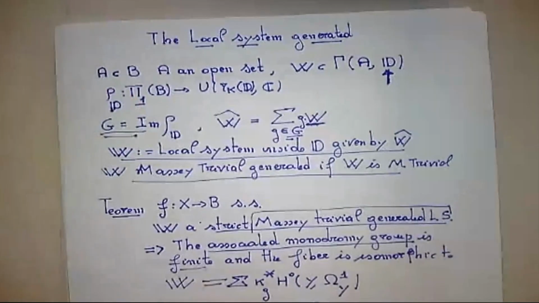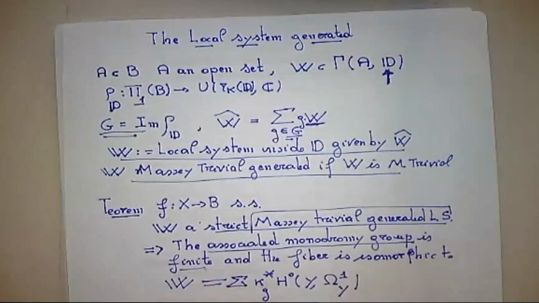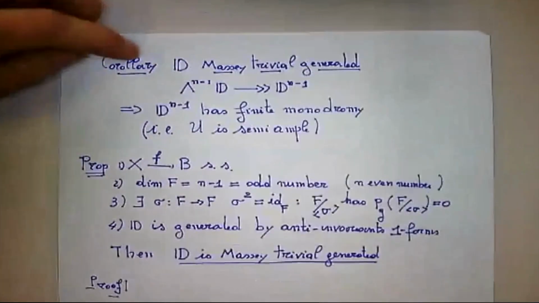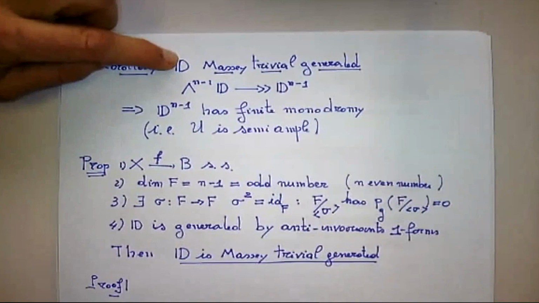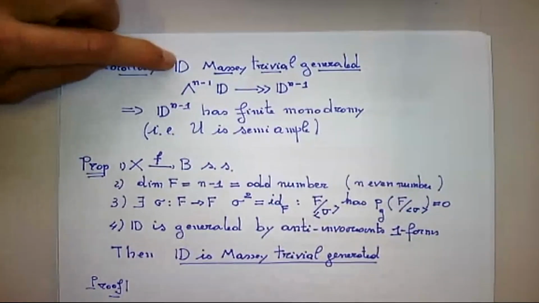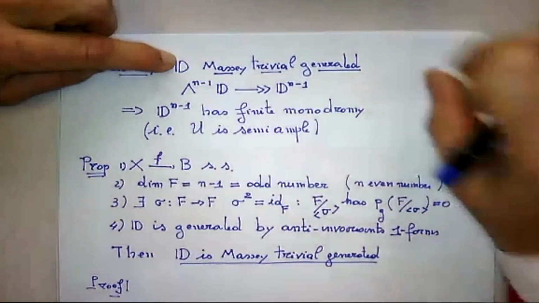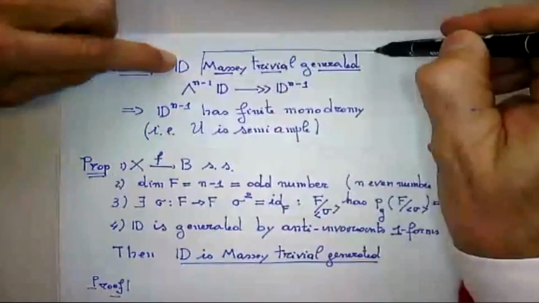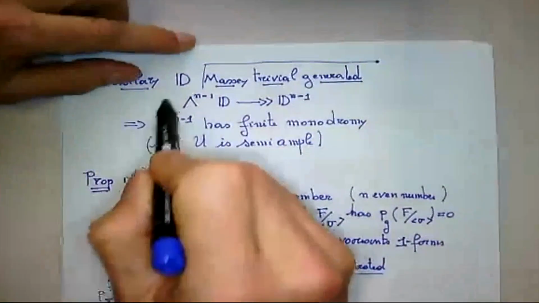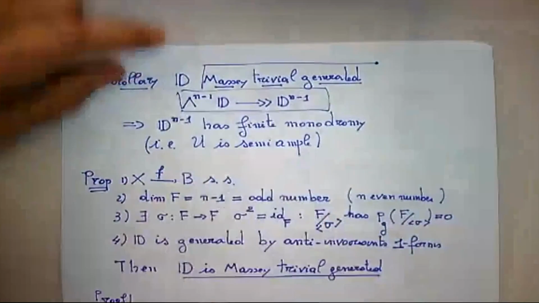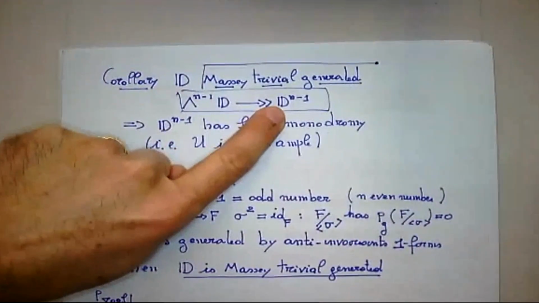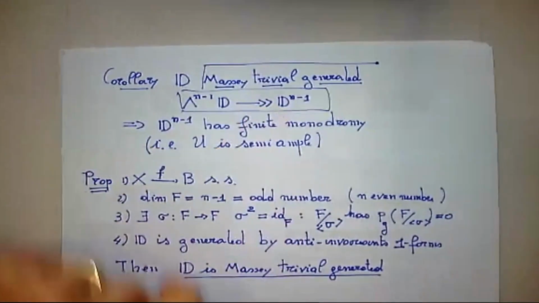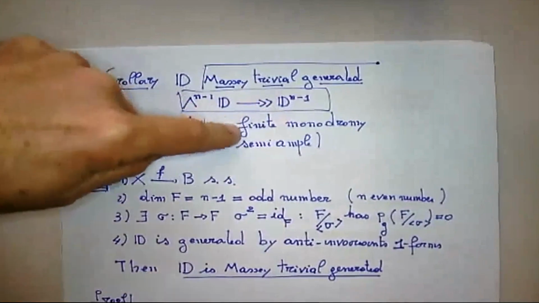And finally, and this is the end of my talk, is this. Assume that the global D, the splitting local system, is Massey trivial generated, and wedging, you obtain the surjection with the main character of this, in the end of this game, the new one. Then D_n has finite monodromy.